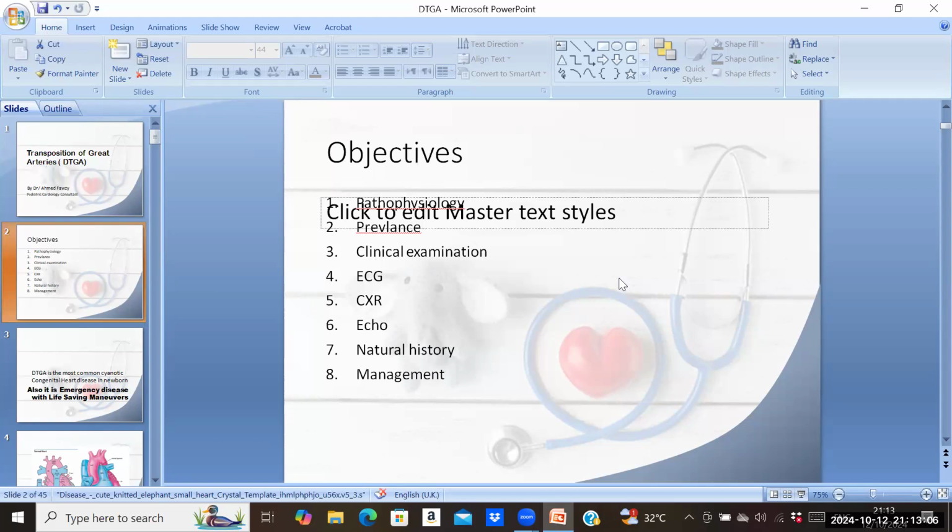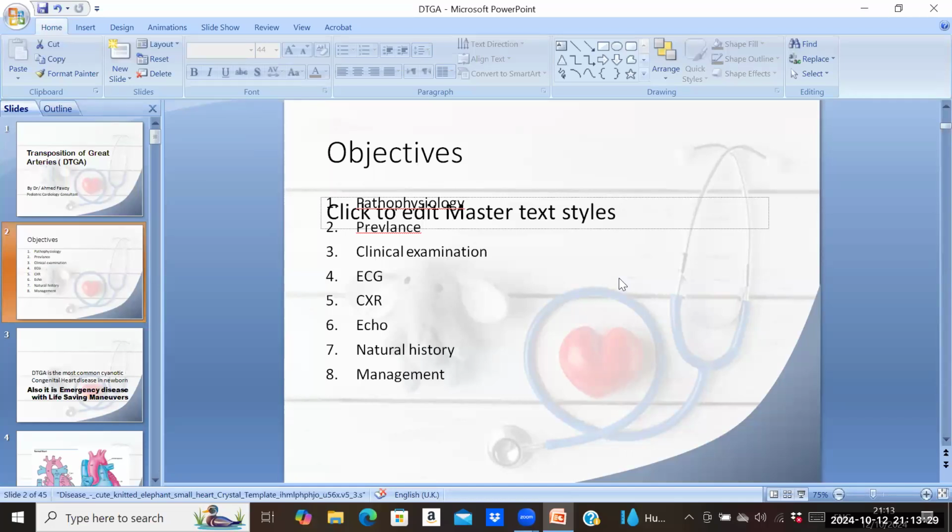The second note in this lecture is that TGA is not one type. We have three types of TGA: TGA with intact septum, which is the most common and the typical type that we all know, TGA with VSD, and TGA with VSD and PS. Some patients with TGA will come with saturation of about 85 to 90 and with congestive heart failure.